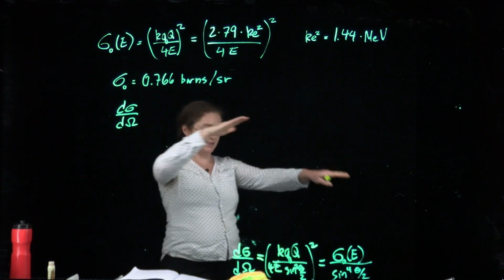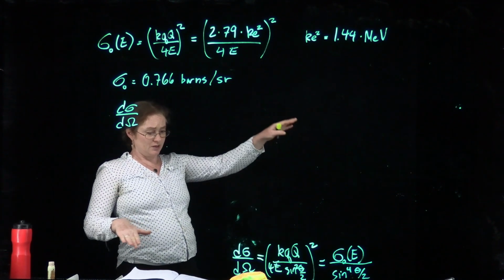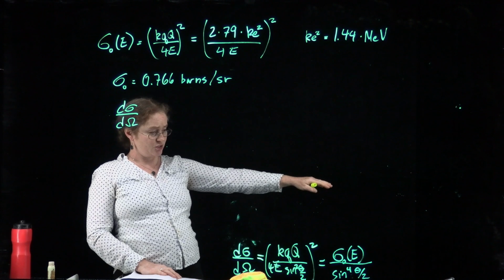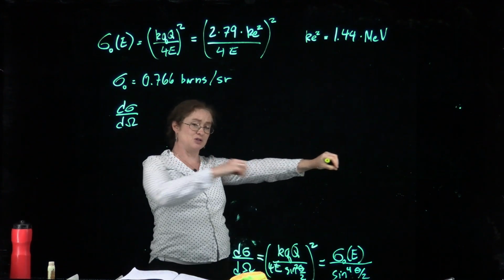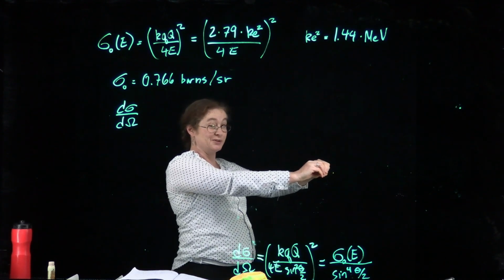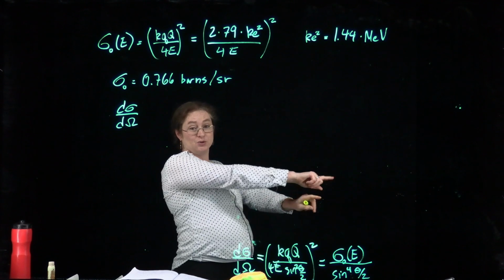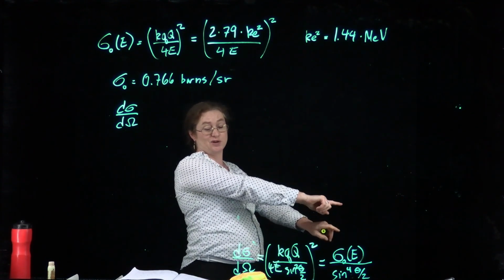That kind of makes sense. If you have an alpha particle smash into a gold nucleus and the alpha particle is very light, that's going to tell you that most of your particles are going to keep going pretty dang close to straight.